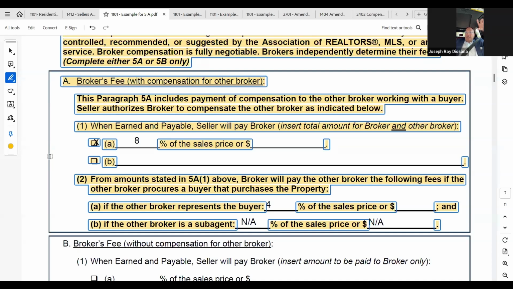Maybe not, because that's the buyer's agent's choice not to be compensated. You have to have a compensation agreement between brokers where that broker is waiving it totally, so there's something in writing showing there will be no compensation to the other broker. Otherwise, paragraph 5A1A is all the listing broker's compensation. If you want to change that with the seller because of the offer, you would do an amendment to listing. Thank you. You're welcome.